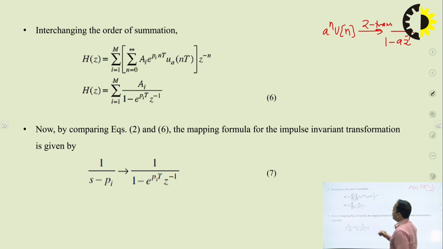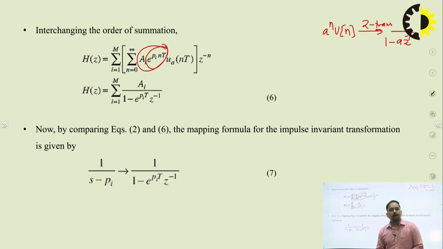So we are going to use this, where e raised to power Pi nT is nothing but a. We can compare this and we get Ai divided by 1 minus e raised to power Pi T z inverse, with the summation i equal to 1 to M. So we are getting the impulse response of the digital filter.